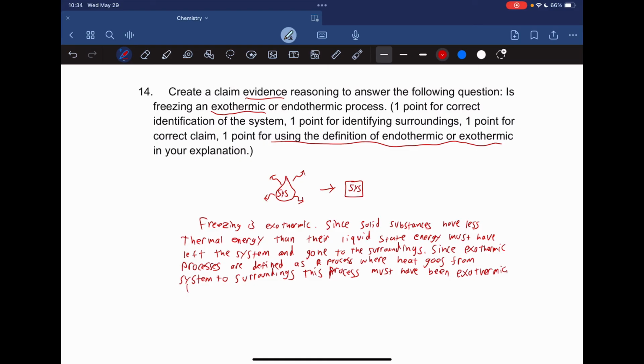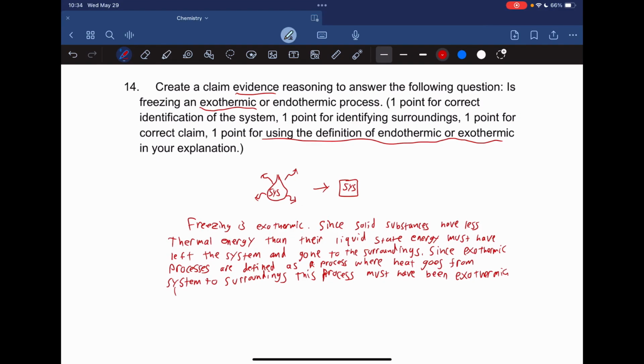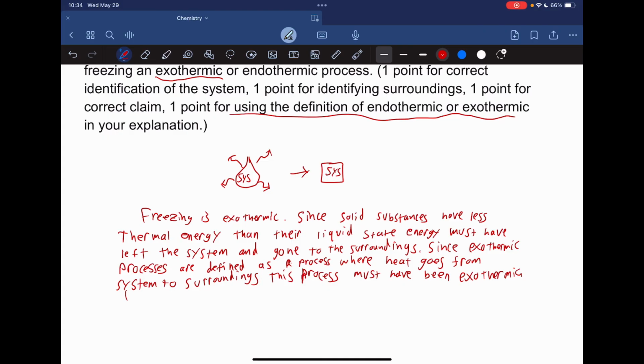So the key here is that in your reasoning, you should have the definition of endo or exothermic put in there.